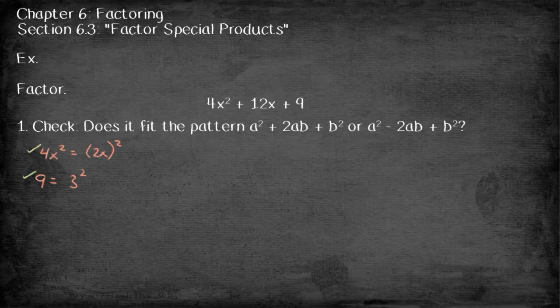Now we do the second check, which is we take 2 times 2x times 3. And that is equal to 12x. And we want to check, is that equal to that? Yes, it is.